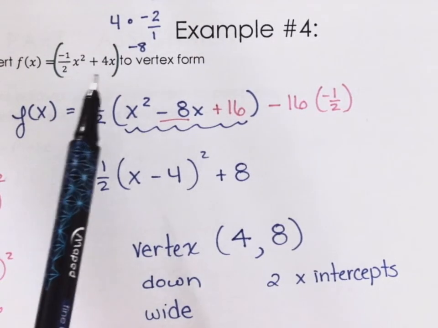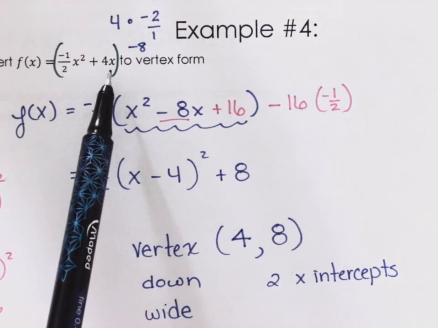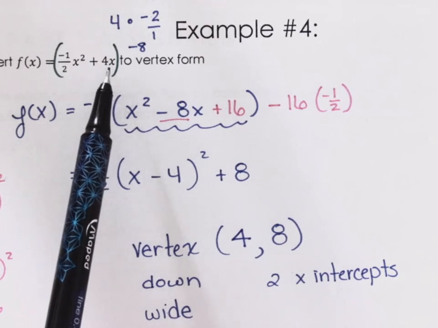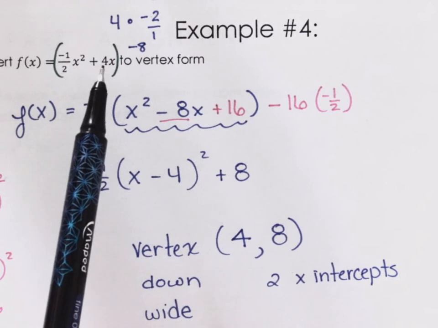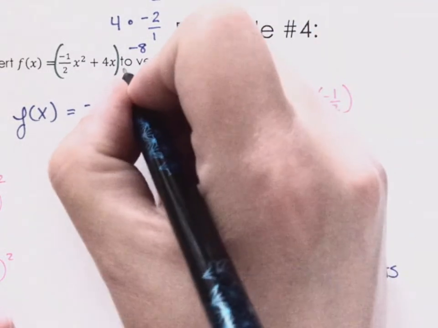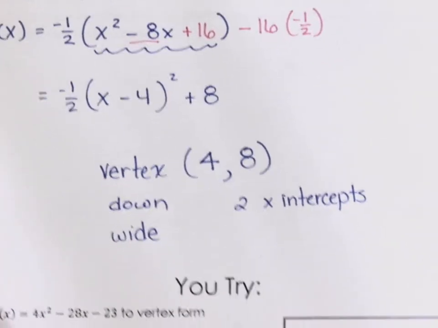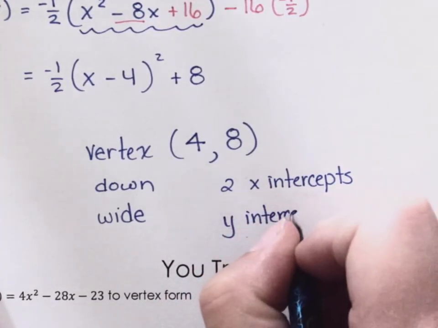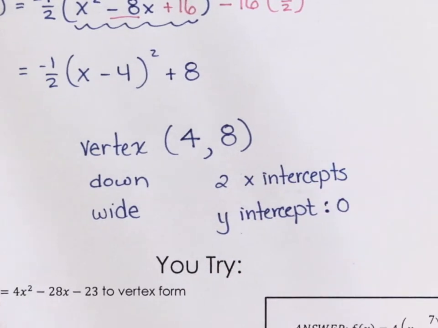Where's my y-intercept? What's the constant on this one? The constant. There is none, so what is it mathematically? 0. So really, this is saying plus 0 here, right? So where's my y-intercept? So the y-intercept occurs at 0.